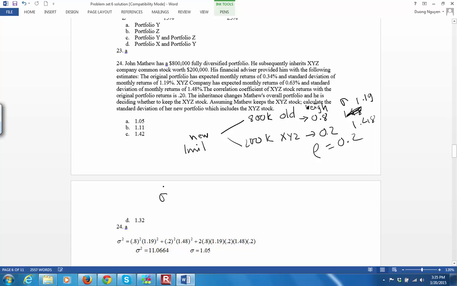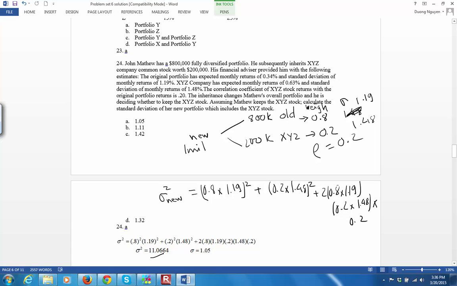So the variance of the new portfolio equals weight 1, which is 0.8, times 1.19, squared, plus weight 2, which is 0.2, times the standard deviation 148, squared, plus 2 times 0.8 times 119 times 0.2 times 148 times the correlation between the two, which is 0.2. Take the square root, and you get the standard deviation.